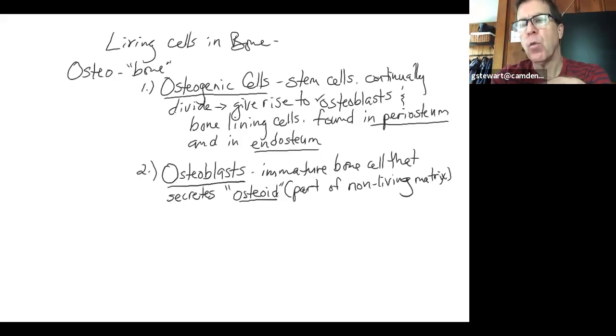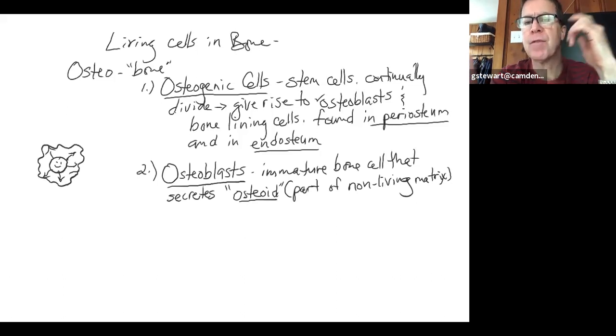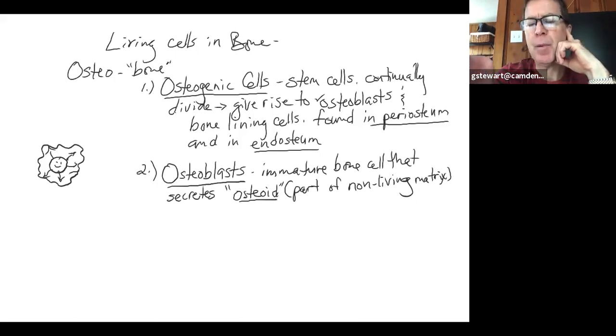I'll discuss the contents of osteoid later in this chapter. If this is an osteoblast, and it's a happy osteoblast, I'm going to give it a happy face. When it's young, we call it a blast cell, an immature bone cell. It secretes this sort of soft, gooey matrix when it's young. It secretes this stuff called osteoid. Osteoid combines with minerals that we've ingested, like calcium, to get really hard. It hardens like epoxy. It gets really hard. That's why bones are hard.